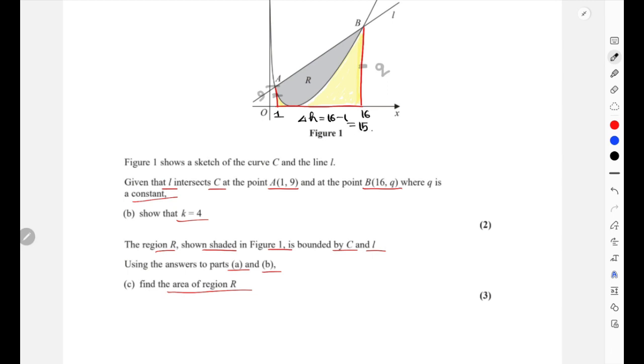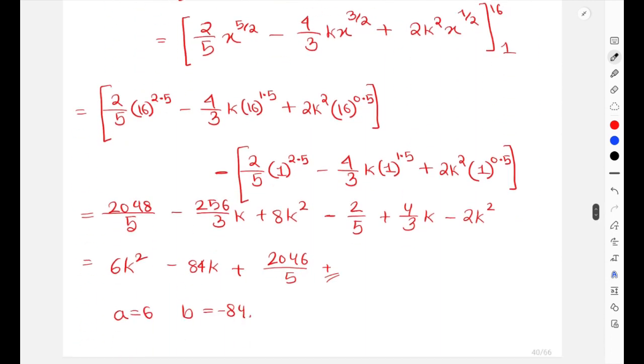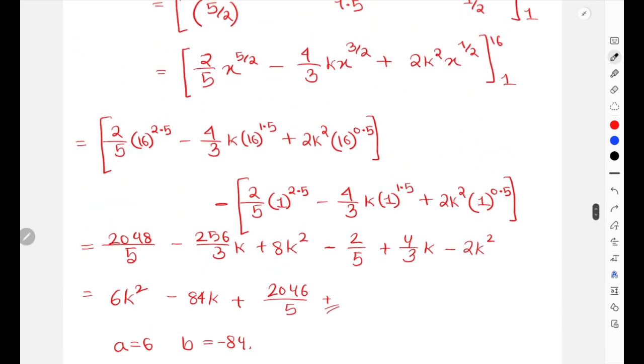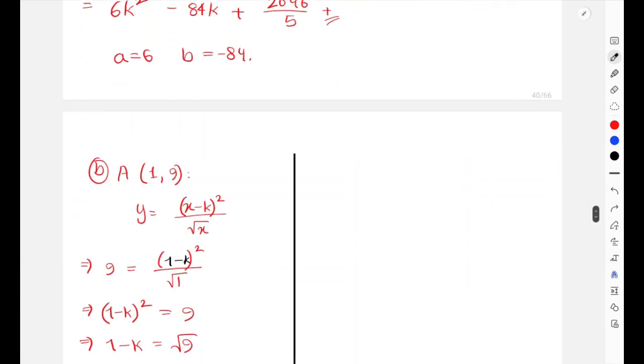Now after this, we will calculate the area of the shaded region, which is basically the trapezium minus the area under the graph. For the area under the graph, I have already calculated the expression. I just have to input the value for k, and that will give you the total area under the graph, because this was also within the range 16 to 1, so we did the integration at the very start.